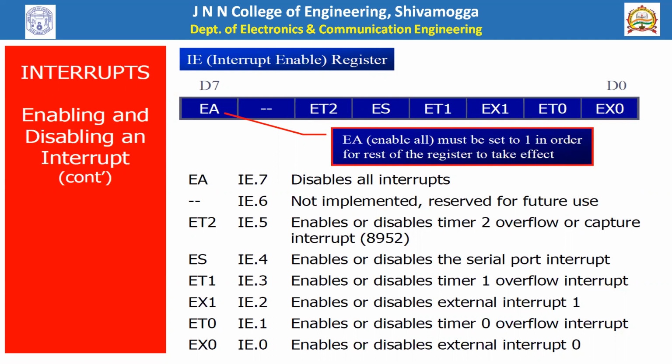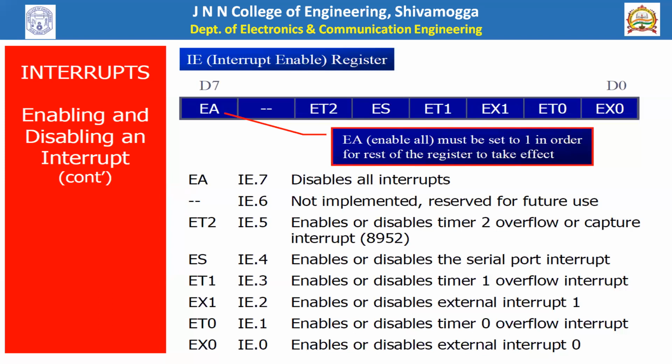ES, IE.4, enables or disables serial port interrupt. ET1 enables or disables timer 1 overflow interrupt. EX1 enables or disables external interrupt 1. ET0, IE.1, enables or disables timer 0 overflow interrupt. IE.0 enables or disables external interrupt 0.